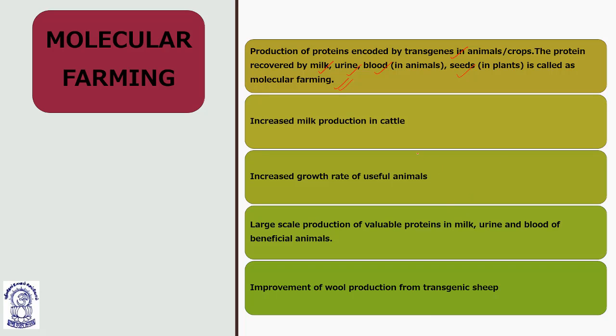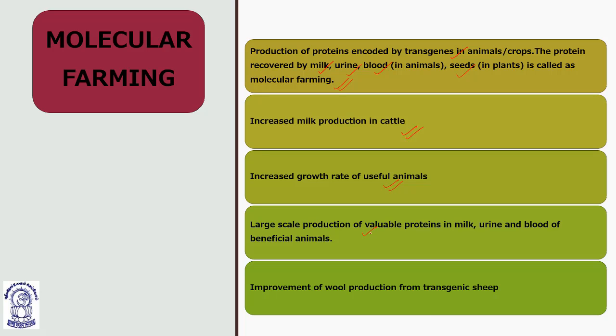It helps to increase the milk production in cattle. The quality of milk is improved with the help of molecular farming. It helps to increase the growth rate of useful animals. It helps to increase the lifespan of useful animals.